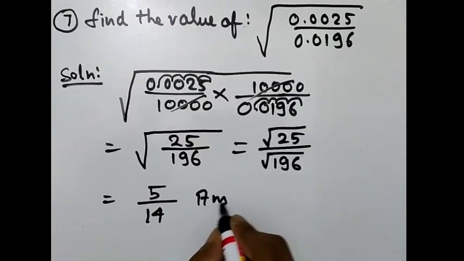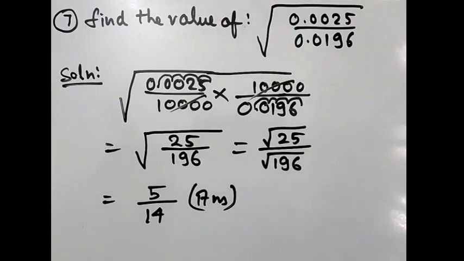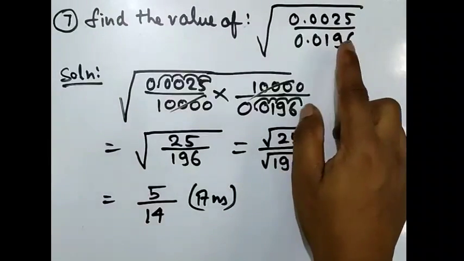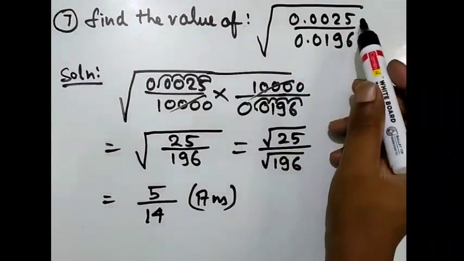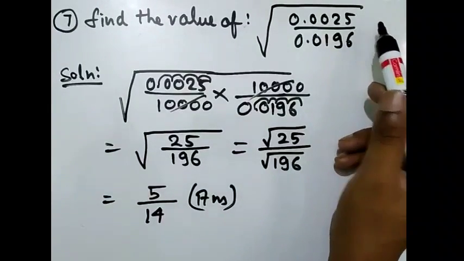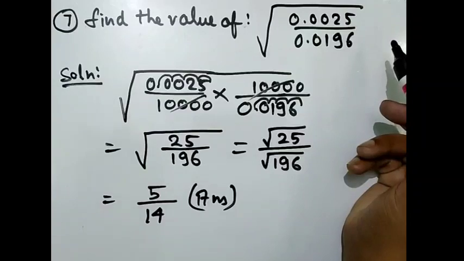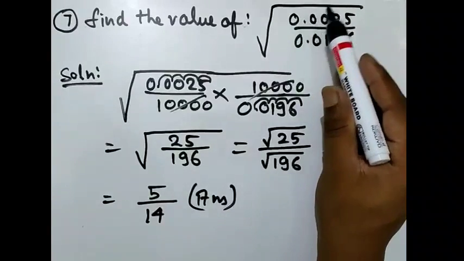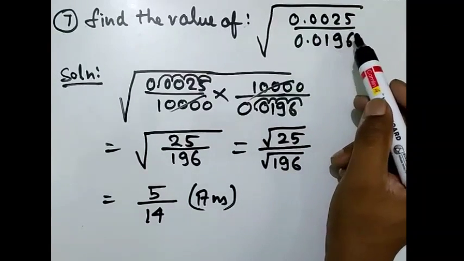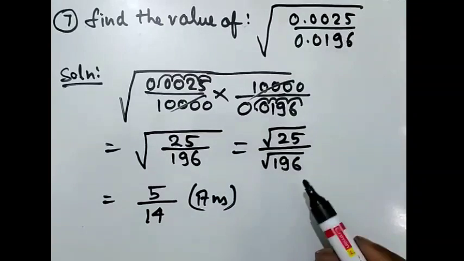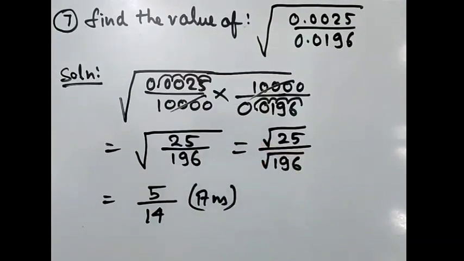This is the answer. Now there are multiple ways of doing this, right? You can multiply 10,000 to the numerator and to the denominator, or simply you can see 4 decimal places on the top and 4 decimal places on the bottom, so you can simply cancel it out, or you can do it this way. Clear?